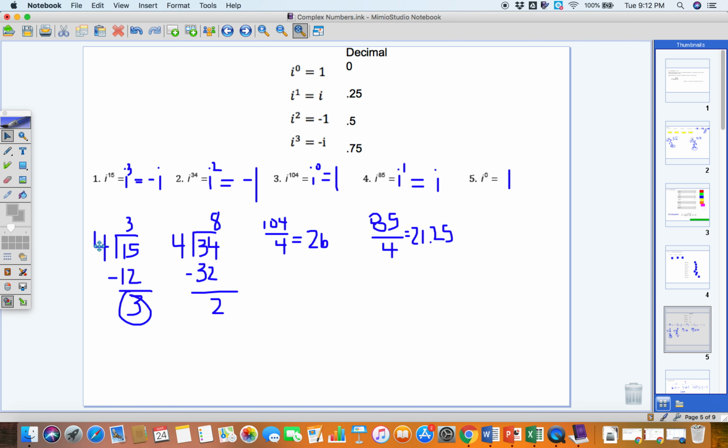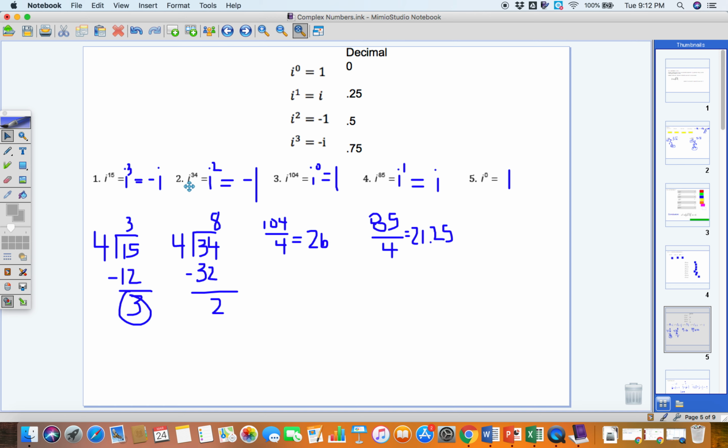So 15 divided by 4, 4 goes into 15 3 times. 3 times 4 is 12, and then you subtract and you get a remainder. The remainder is the part you're looking for. It doesn't matter what your quotient is here. You only want to look at the remainder. So i to the 15th simplifies into i to the third. Then you check your list. i to the third is -i, so the answer is -i.